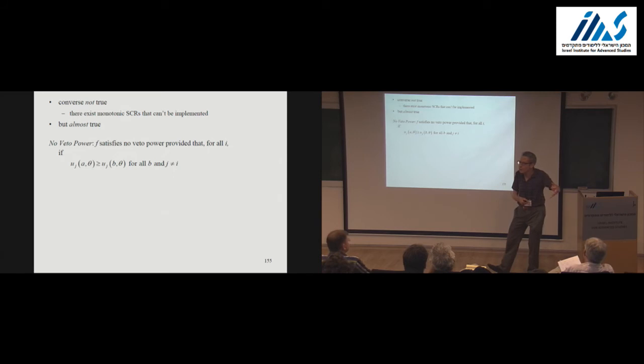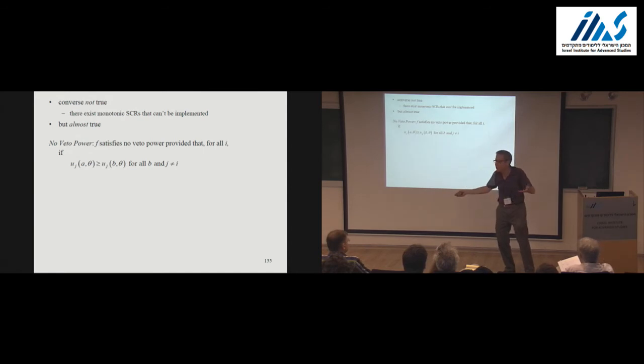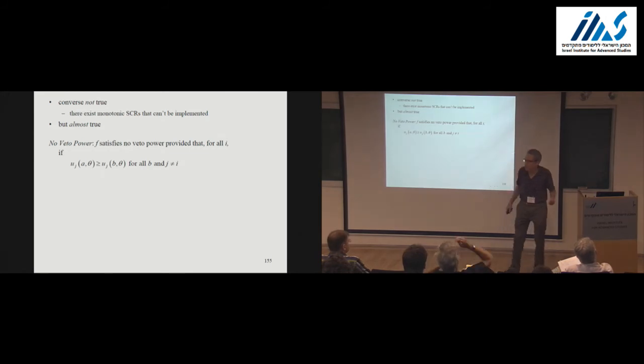If you see something that's out of equilibrium, it might have been that 1 deviated and 2 was doing the right thing, or that 2 deviated and 1 was doing the right thing. It might be difficult to know which was which, to know who to punish. But if there are 3 or more people, then it's much more easy to identify the odd man out. And that intuitively is why implementation with 3 or more people tends to be easier than with 2. And that's certainly true for Nash implementation.